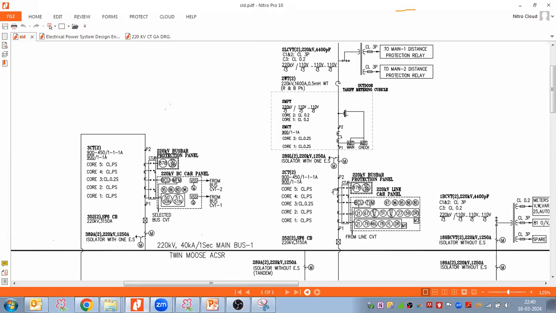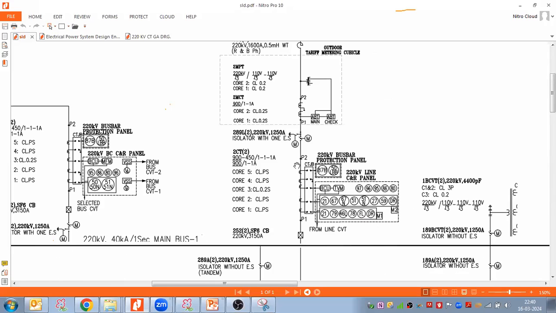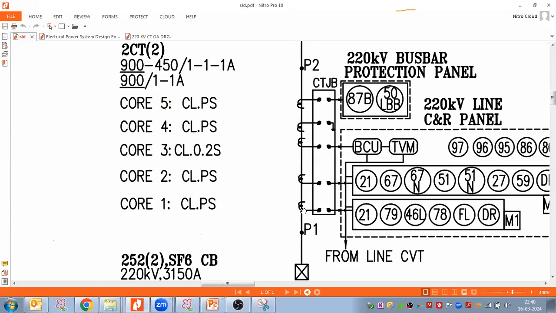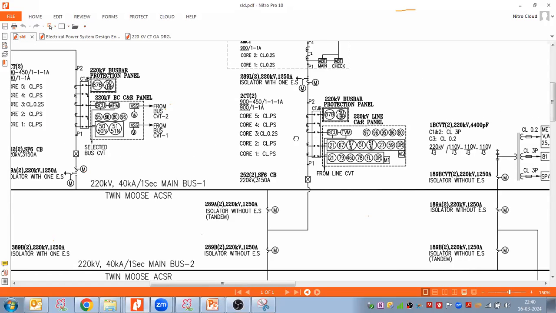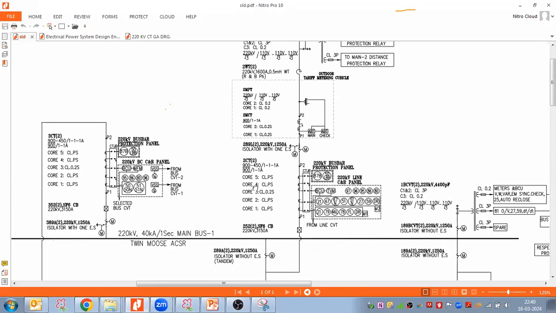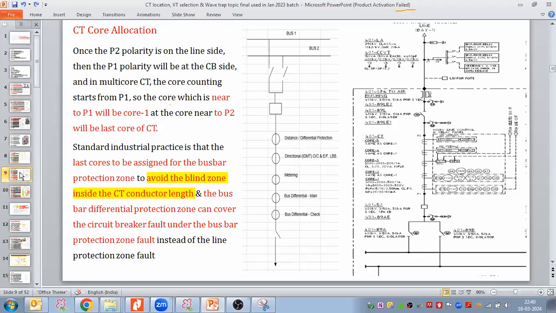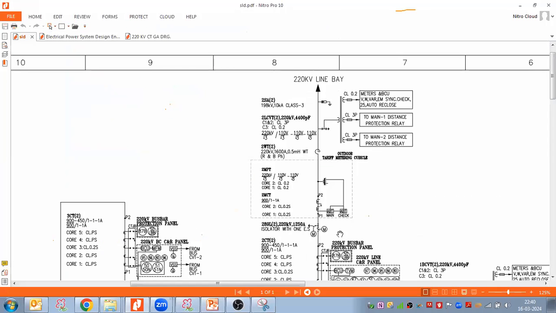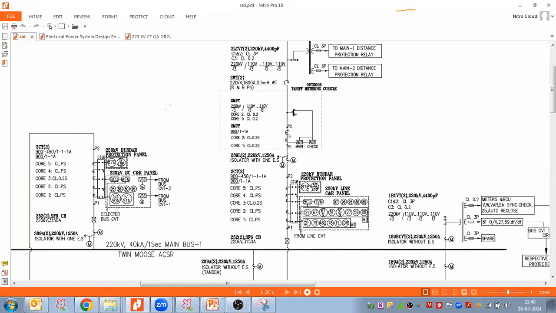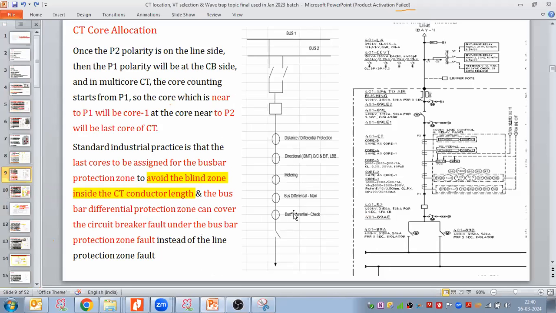But again, just to tell each small point, P1, P2, which line you will extend, this is all minor-to-minor points. In the SLD, the unextended line should be grounded, which shows which star point is going to be protecting. If there is a spare core, you make it grounded. So basically, it shows the direction towards the protected object that you are going to protect.